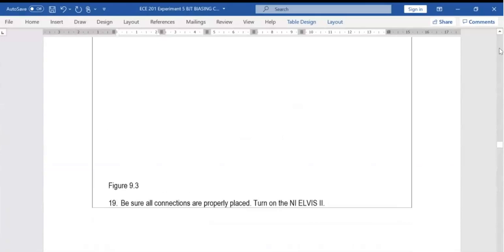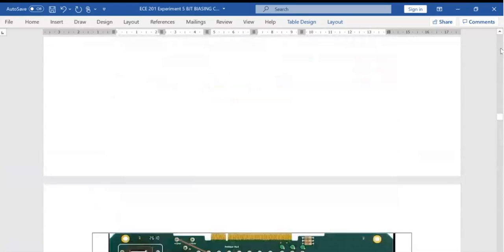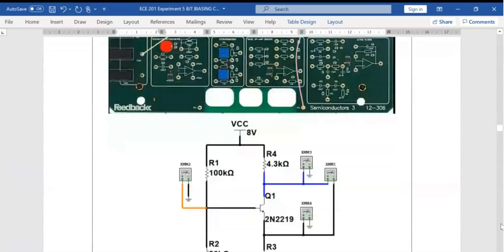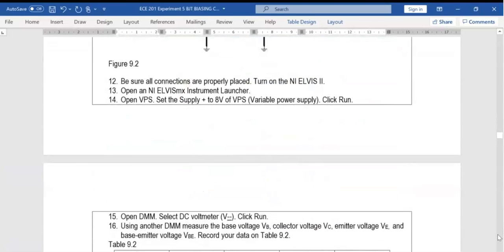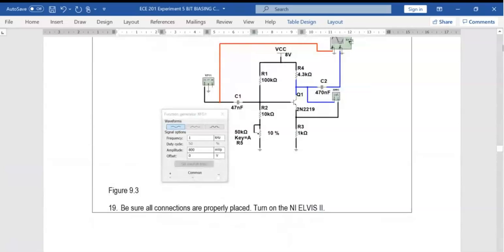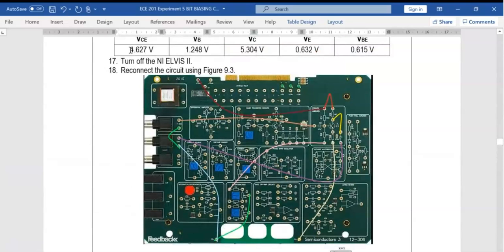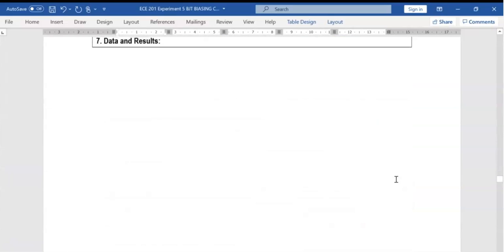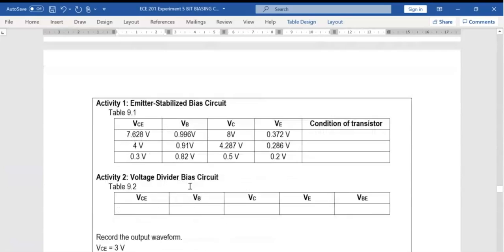Next, that is for the first table. Next, we need the data for the second table, which is this one. So this will be the data for this table.